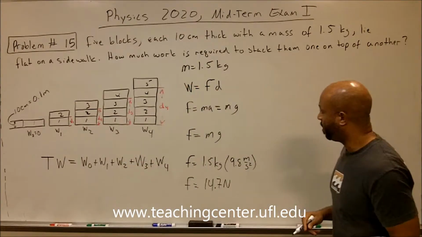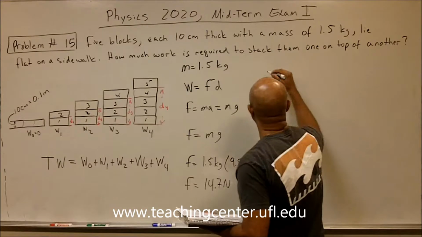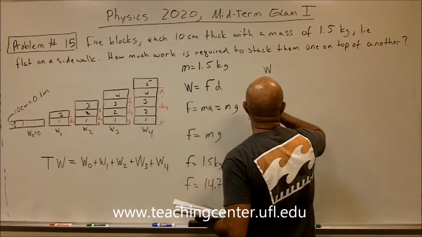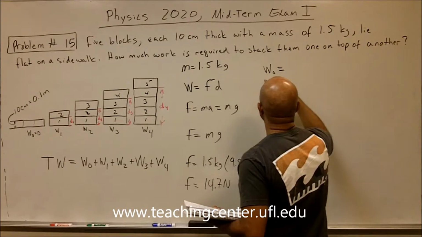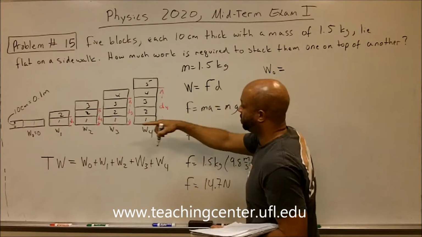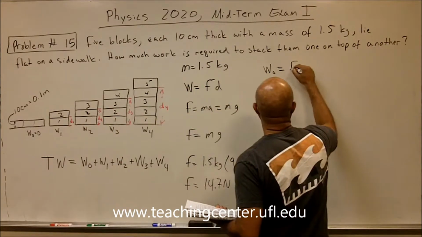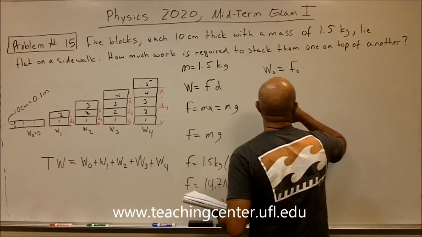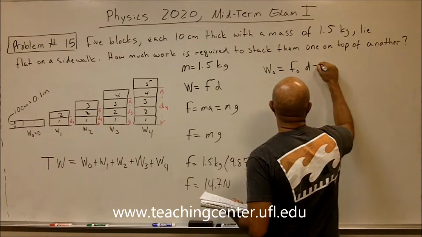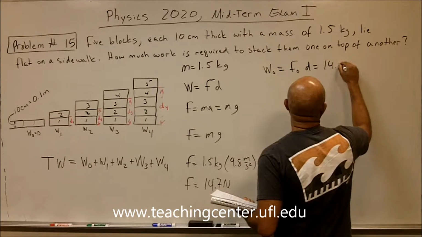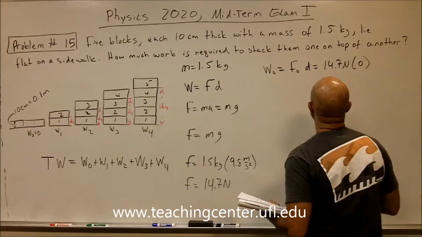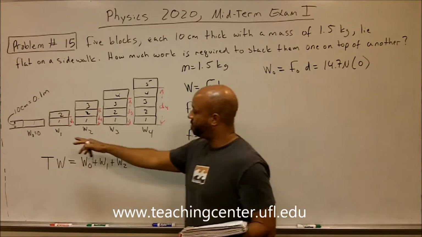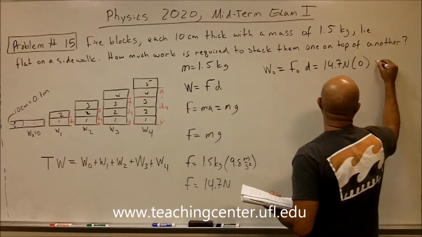Let's set up the initial work. It's going to be your initial force times the distance traveled, which is 14.7 newtons multiplied by 0, because you don't actually have to lift the first block, so that's 0.